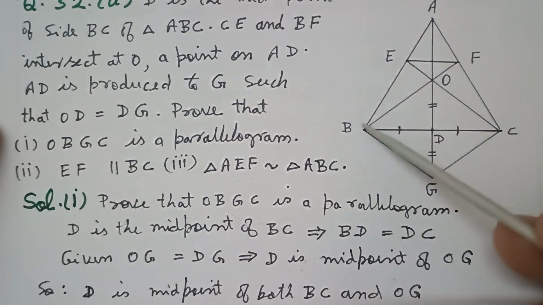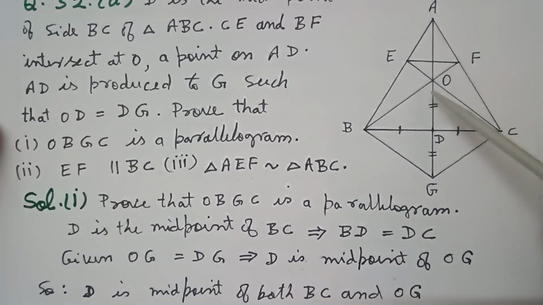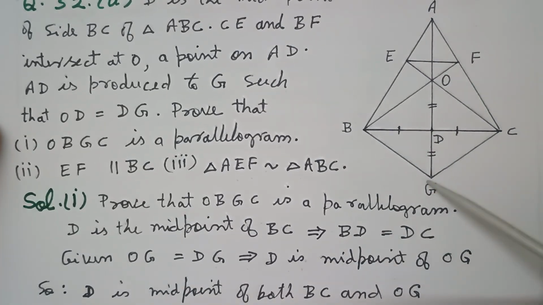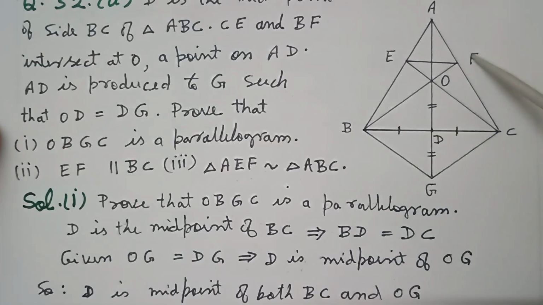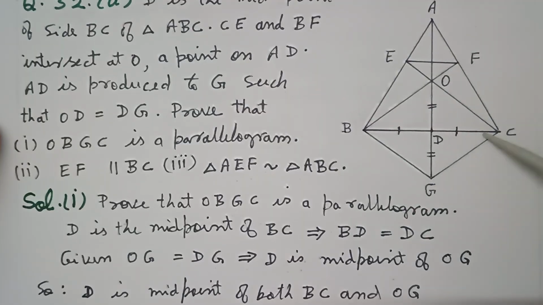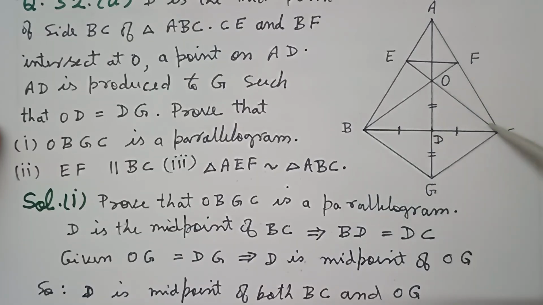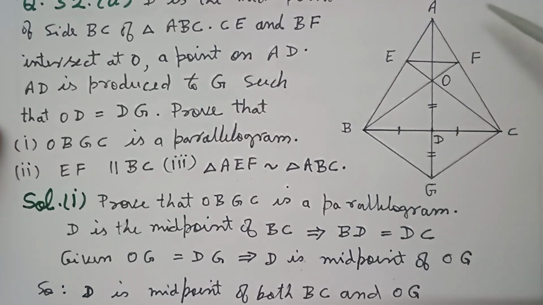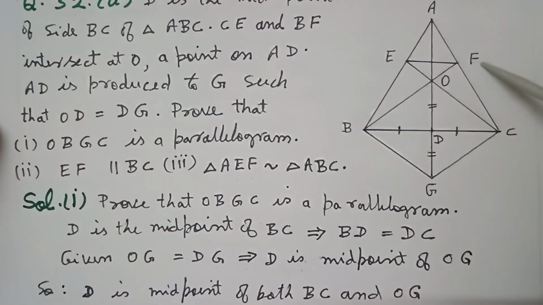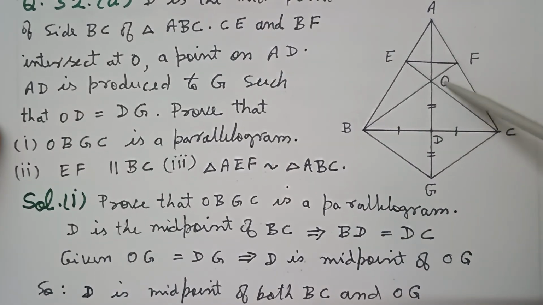You can call this line by the name BF or BO or OF. So this is the base of the triangle, and this is the line parallel to the base. So it will divide the other two sides in the same ratio. So AF upon FC is equal to AO upon OG.